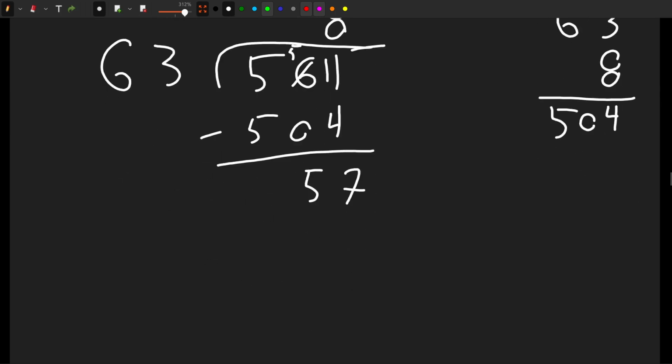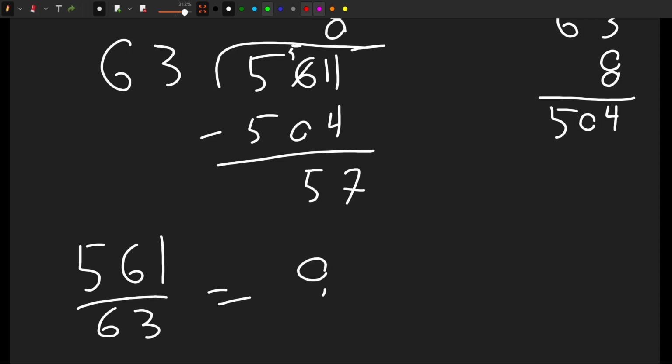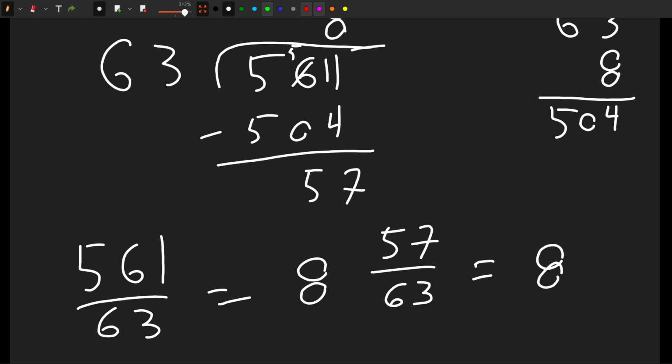So we have 561 over 63, or we have 8 and 57 over 63. Now, 57 over 63, there's a factor of 3 in there, and I can be left with 8, and this number is 19 on top, and 21 on the bottom. There you go.